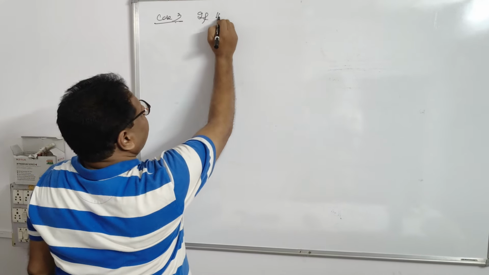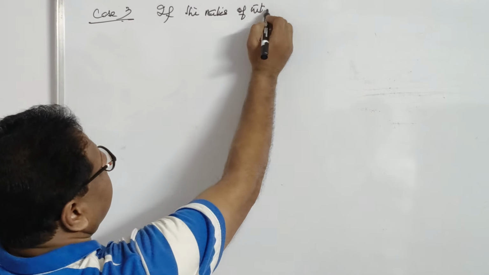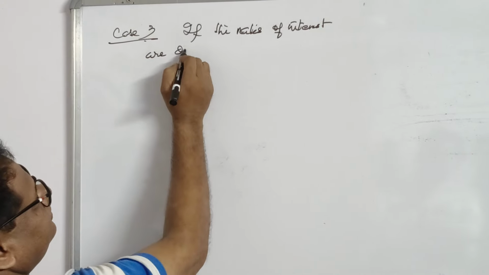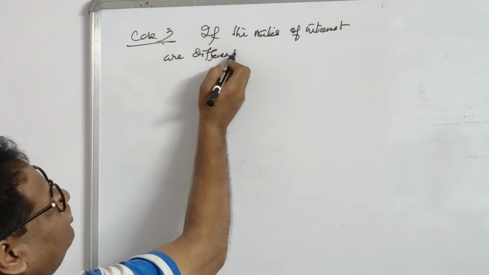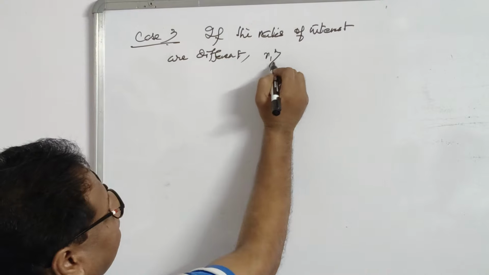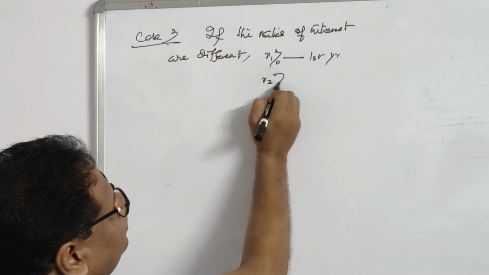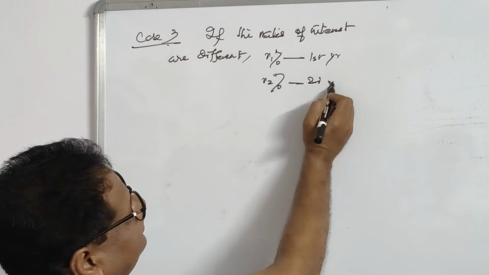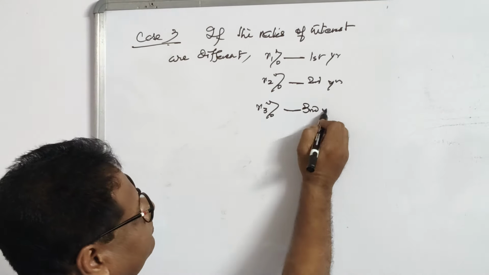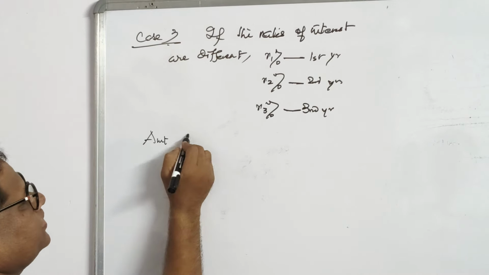If the rates of interest are different for the successive years, for example R1 for the first year, R2 for the second year, similarly R3 for the third year, okay, then what you need to do to find the amount for 3 years?